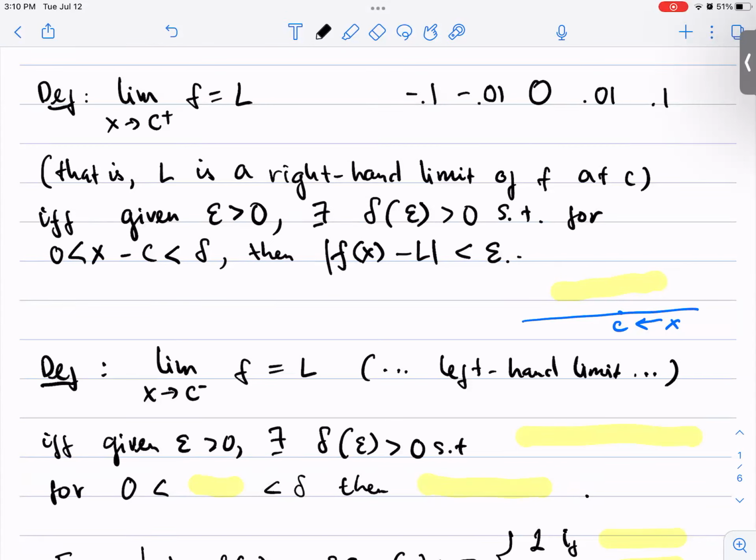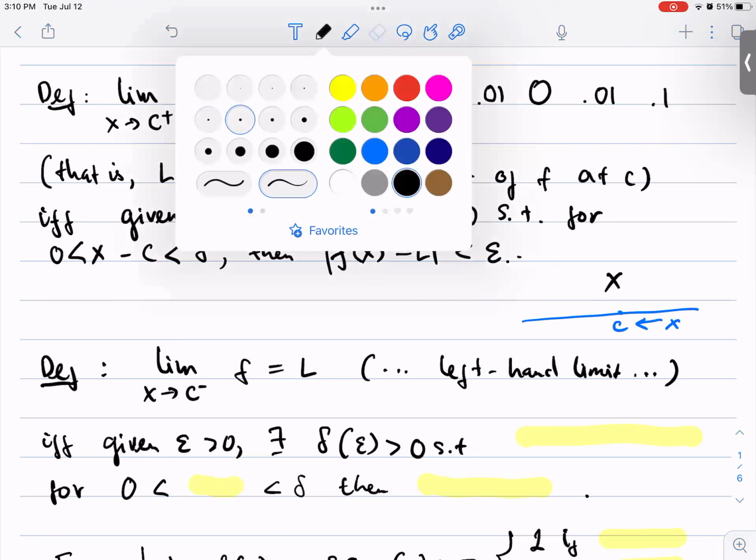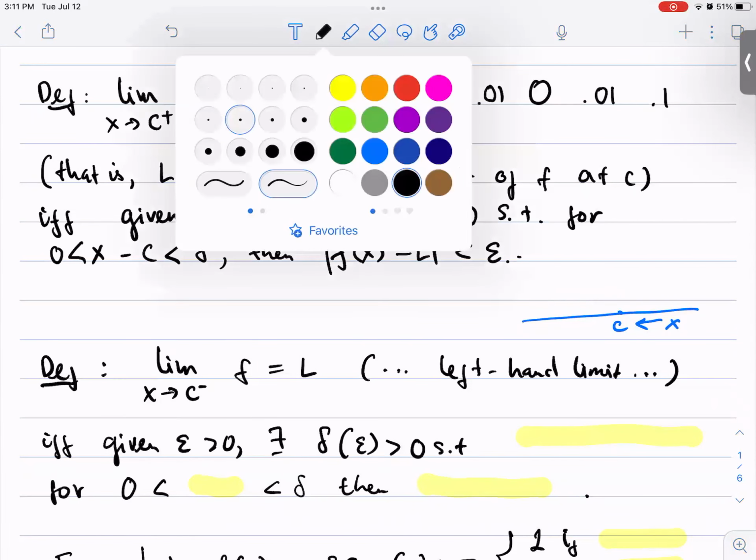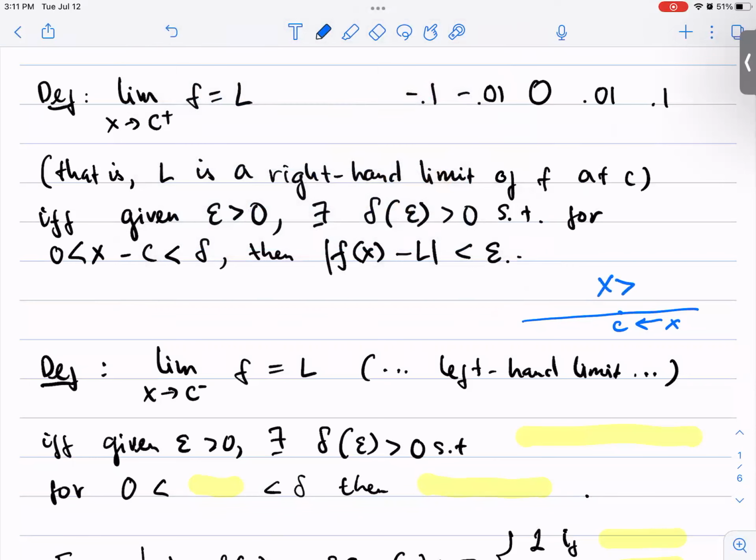The only difference is that here we only consider 0 smaller than x minus c smaller than delta. That is, in this case, we have x bigger than c, and x approaching c from the right. That's why I call it a right hand limit.